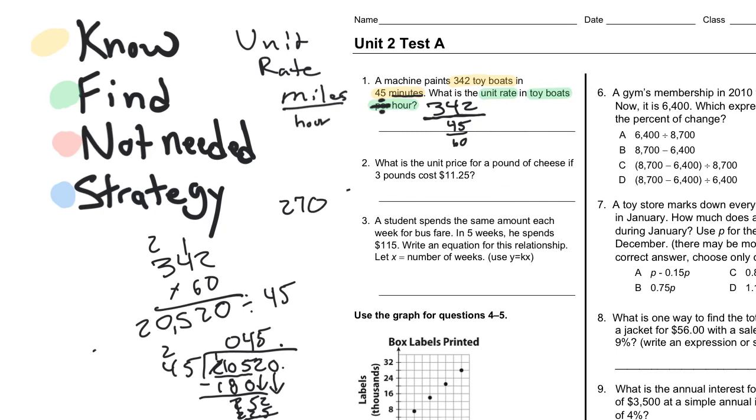270. So now I'm looking for the final little bit, which is 45 into 270. All right, well, let's see. If I use my 50 trick, that's going to get me really close. But that would give me, I already know that's going to give me 225.